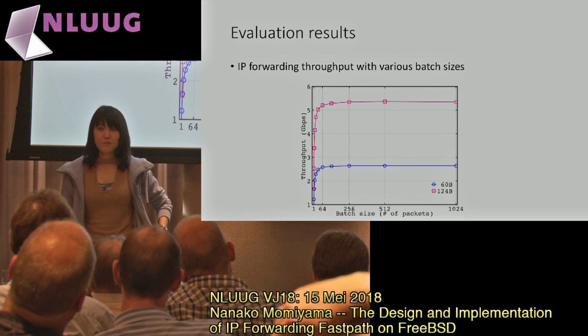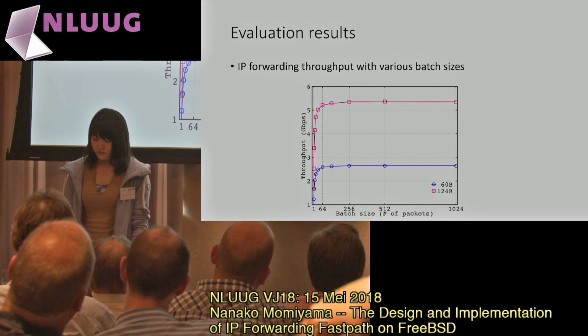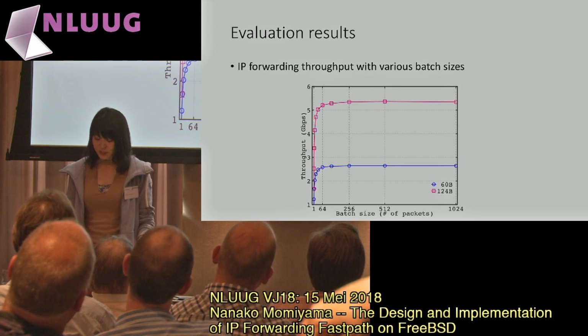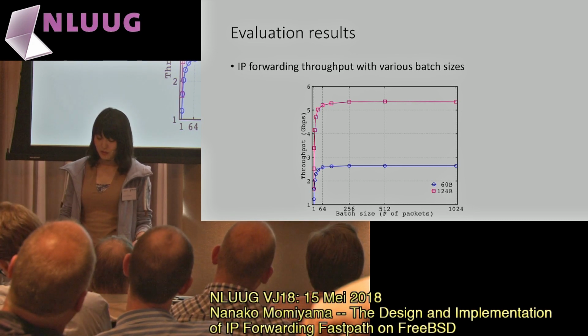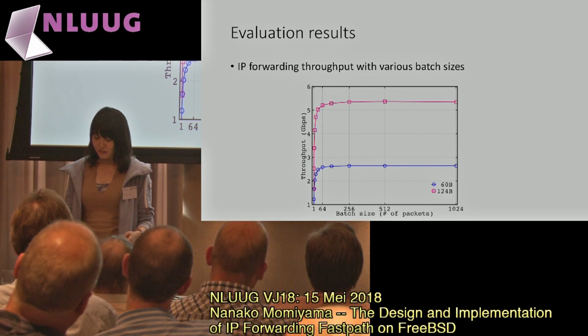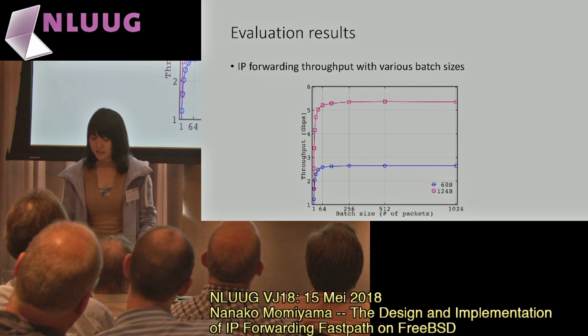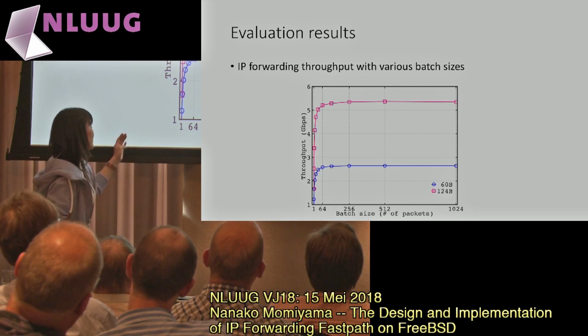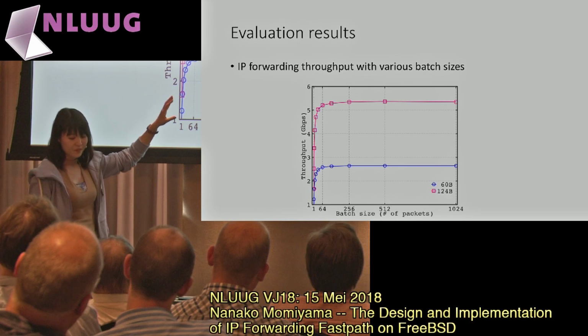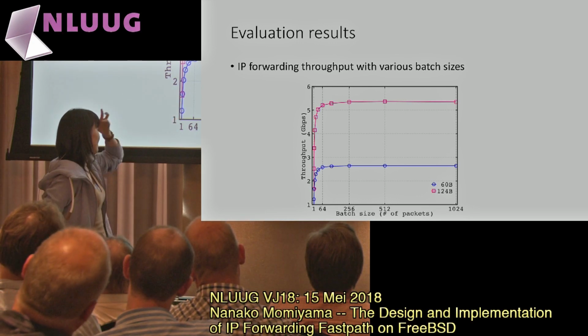So when the batch size is small, not only does the cache expiration time become short, but the performance of mSwitch itself becomes worse because of packet processing overheads. This curve is very similar to the figure in the mSwitch paper.